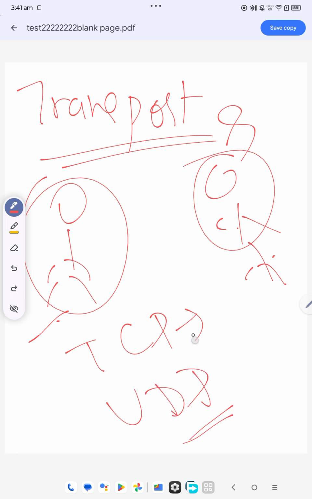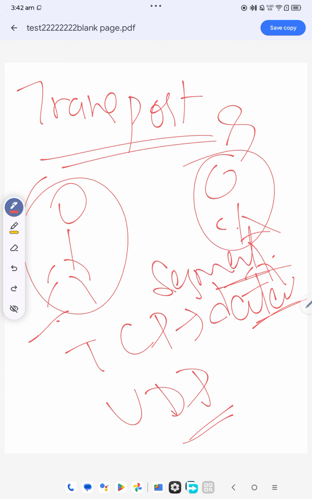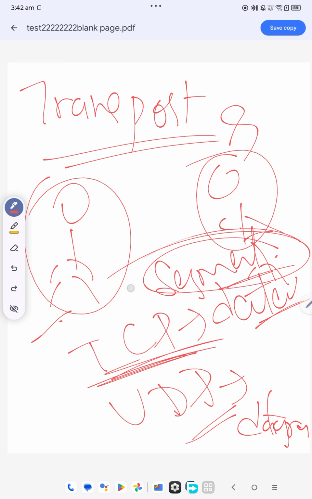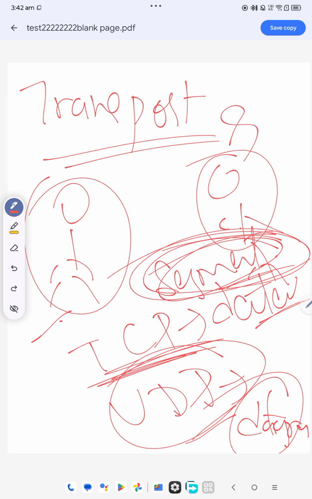TCP transmits data as segments, segmented bytes. UDP uses datagrams. Remember that TCP's unit is the segment: how many segments are transferred from one person to another. Segments are the units for TCP, and datagrams are the units for UDP. You have to remember TCP and UDP in the transport layer.